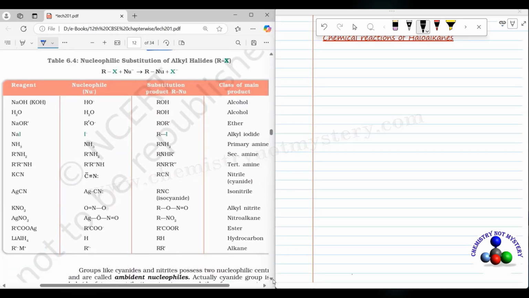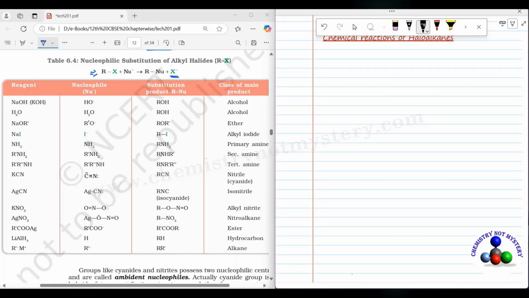Nucleophilic substitution of alkyl halide. Here the generalized reaction is given. When alkyl halide reacts with nucleophile, the nucleophile replaces halogen and makes a bond with the alkyl group itself, and halogen is removed from the molecule in the form of halide ion.